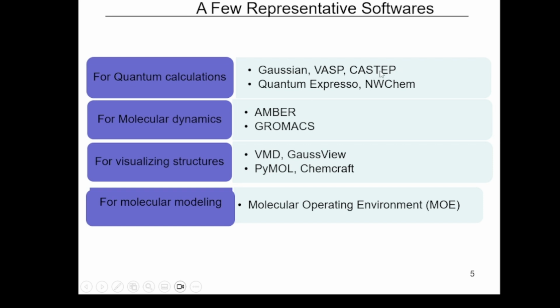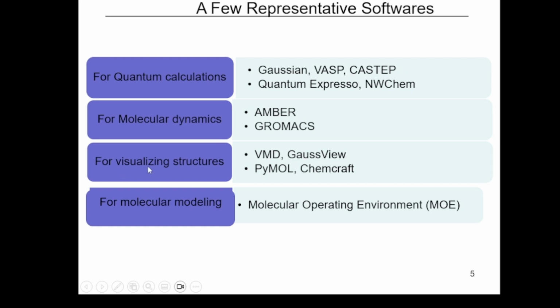Similarly, CASTEP can also be used, Quantum Espresso, and Chem. Among these software, Gaussian is a popular software for molecular calculations, whereas periodic or bulk calculations can be done with VASP, Quantum Espresso, CASTEP, etc.